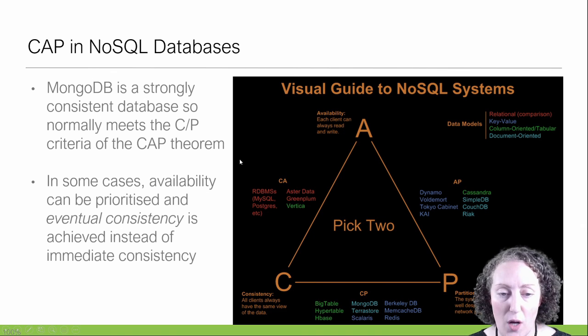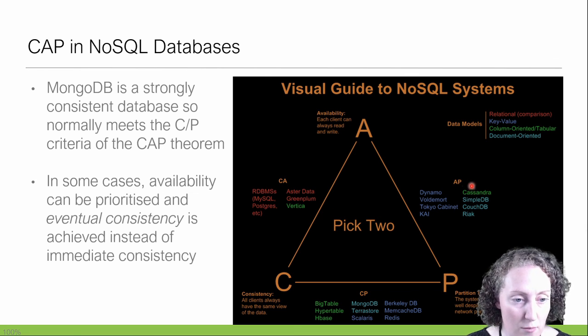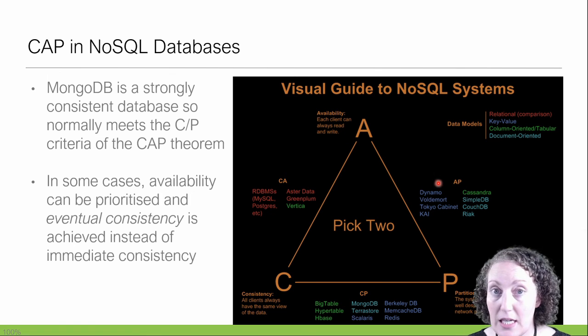To come back then to MongoDB, where does that fall in with the CAP theorem? Like this diagram shows here, you can basically pick two of these. The systems that tend to provide consistency and availability are relational systems like MySQL, and a few others here as well. Availability and partition tolerance are these ones here, and consistency and partition tolerance are these ones here.